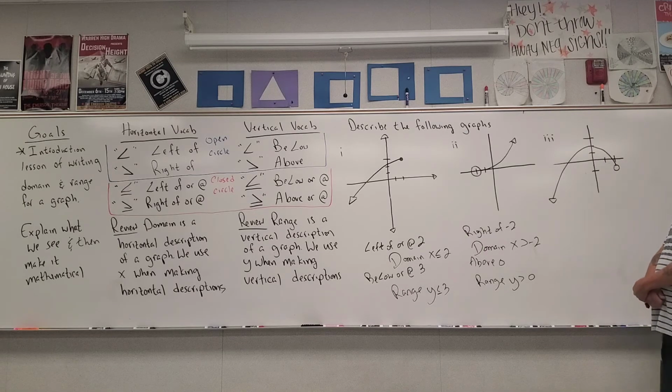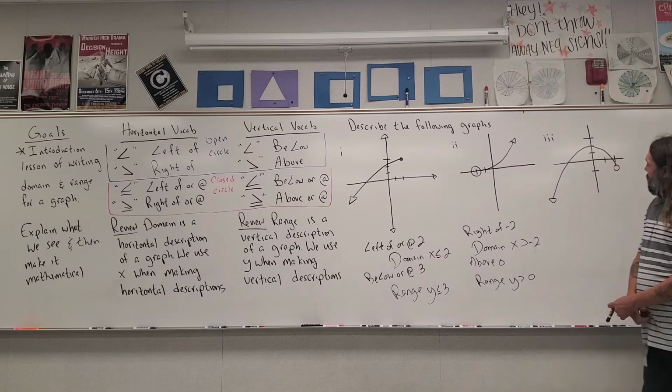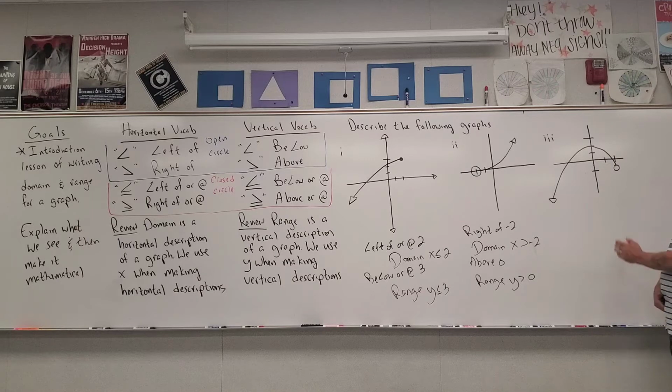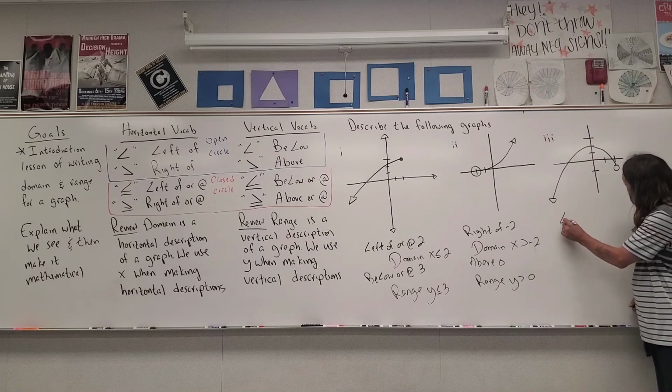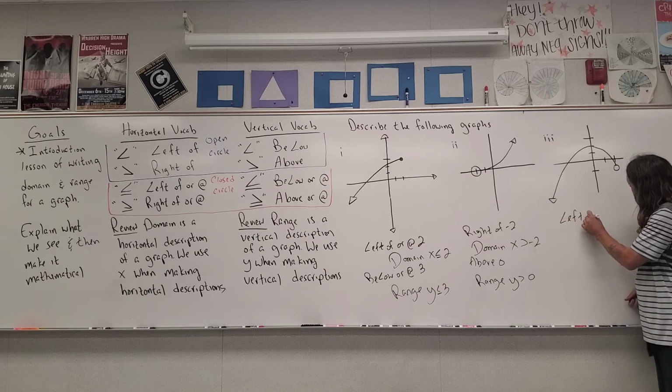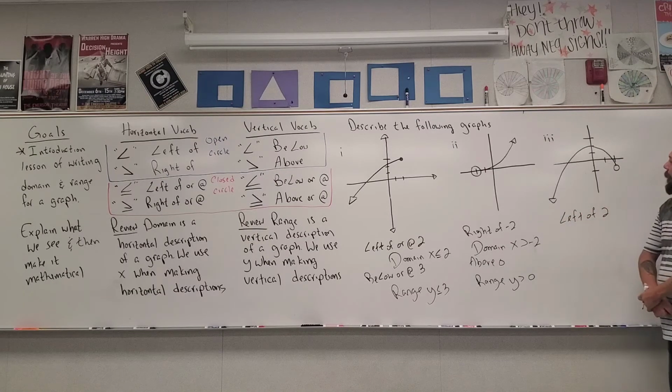All right. So let's talk about the horizontal vocab, the horizontal description. Well, to me, this graph is left of 2. All right. Now this part's a little tricky. My graph is below or at +2.